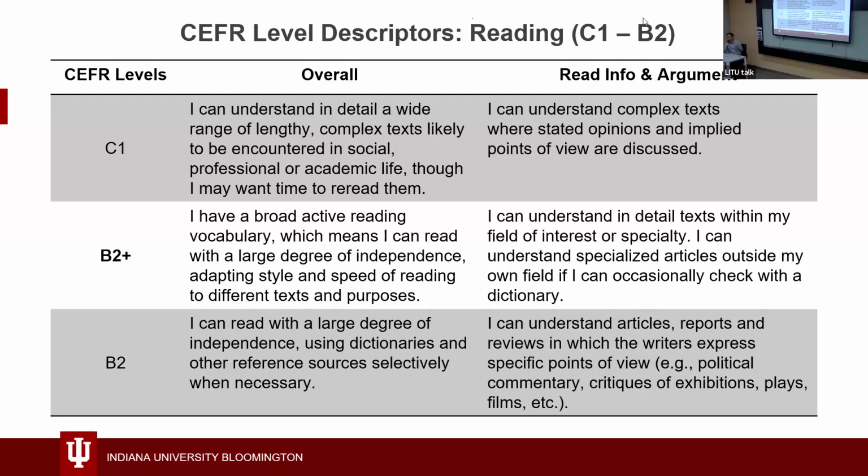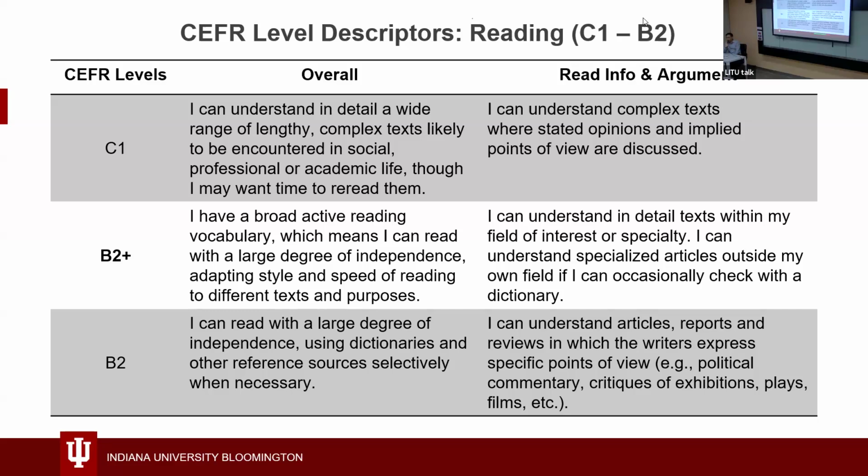So this gives more description of what a C1 reader can understand: opinions, and implied, not directly mentioned, points of view. This means you can understand argumentative text where opinion is not always directly stated, but you can understand implied meanings, right? If you can do that, you are C1, not B2.